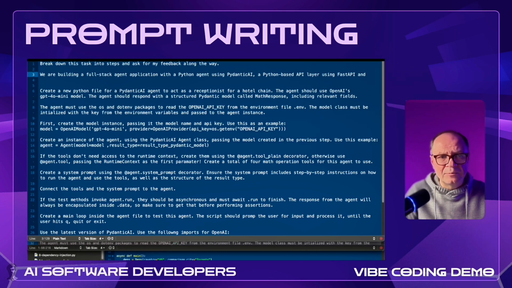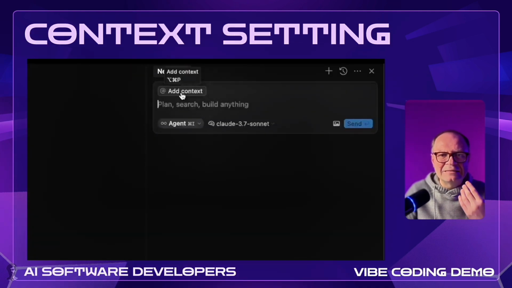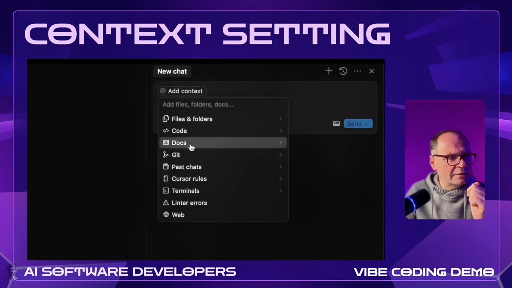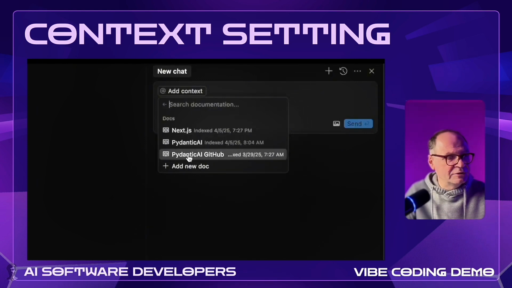Once you're ready with the prompt, you're ready to move on to set the context inside Cursor. What does context setting mean? When you open Cursor and in the chat box, you have this little option called add context. And if you look at the add context, you get different options. You can add files, you can add web doc routes, you can add the built-in documentation for the tools that you use.